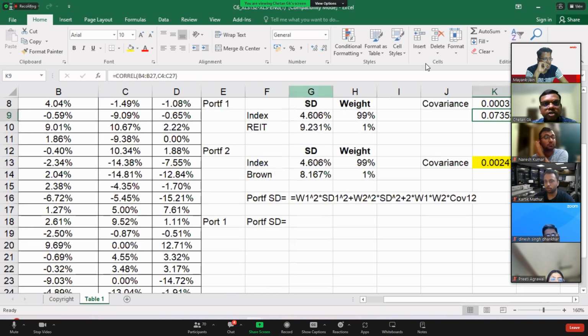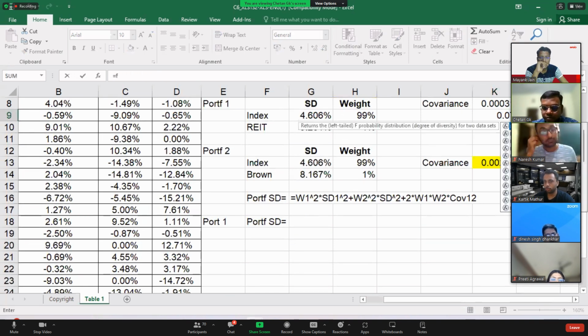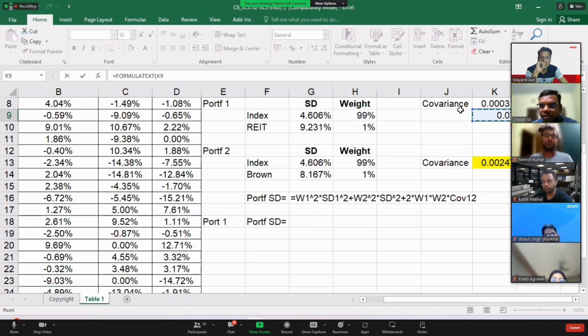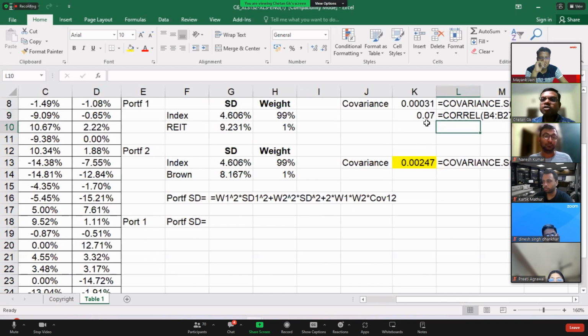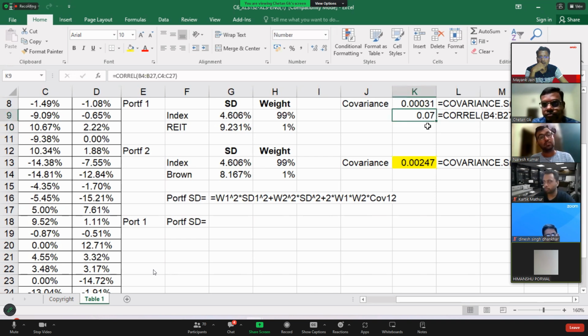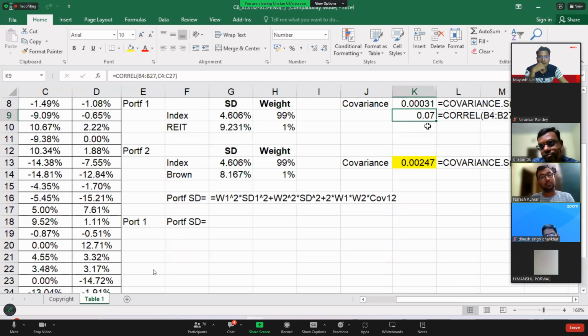So the correlation coefficient we have computed now. Can you tell me now, you must have learned correlation in your statistics class, right? So tell me what 0.07 signifies as a correlation. It is not in percentage terms, right?